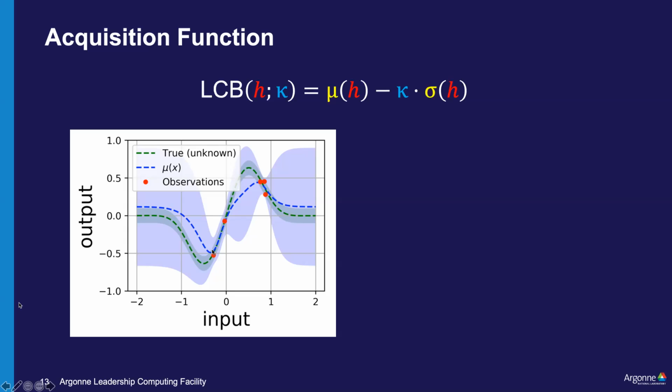The acquisition function we use is called LCB, which stands for lower confidence bound, basically. This function takes the mean estimate of the surrogate model, removes from it the standard deviation, and therefore you optimistically look at the minimum probable values that you can sample.